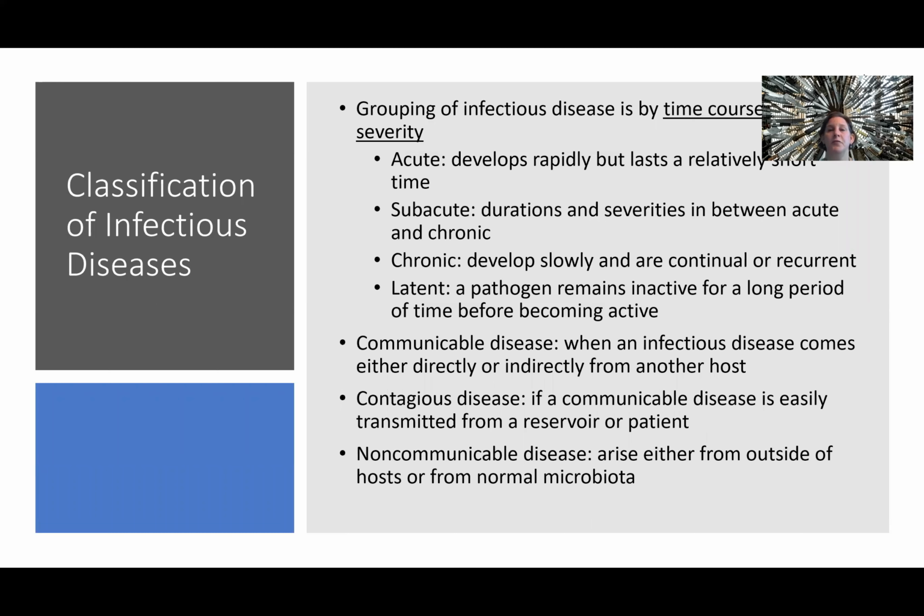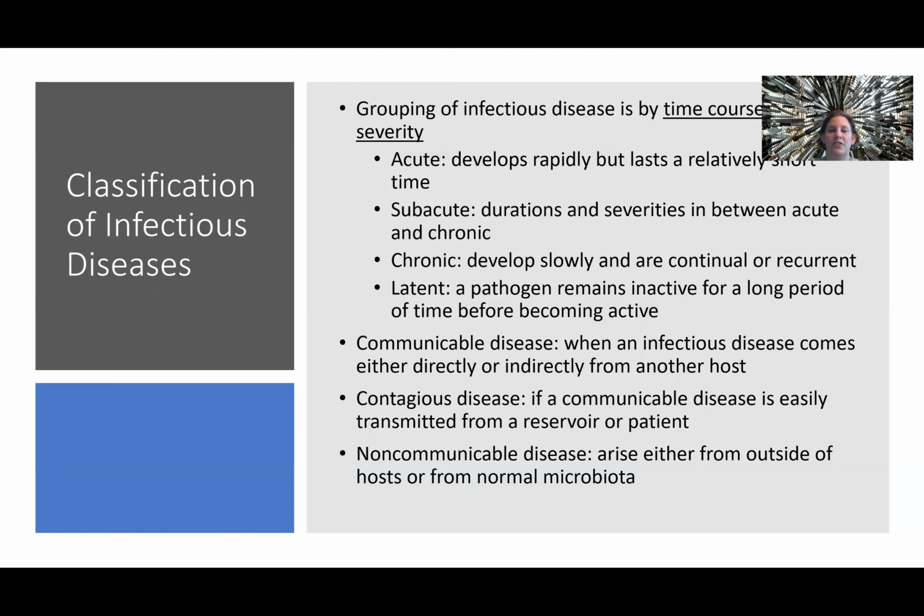Now, a different way to classify infectious diseases is how they're transmitted. So we can have communicable diseases, where you have one host getting the disease directly or indirectly from another. Contrast that with a contagious disease.